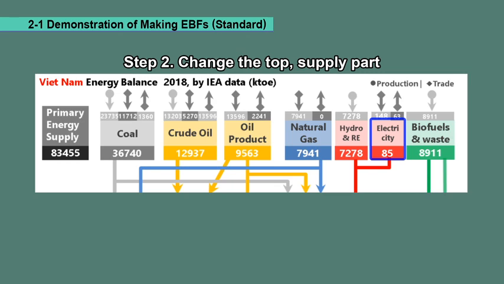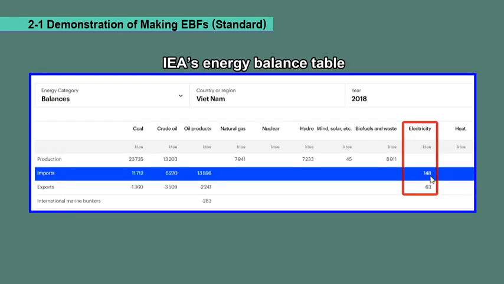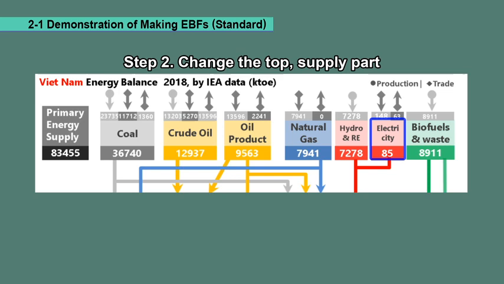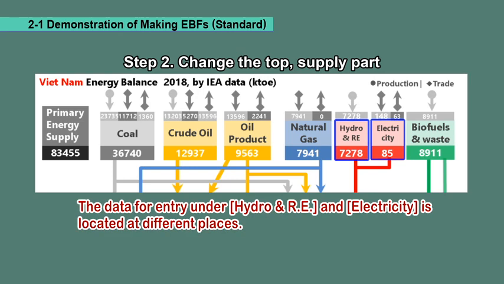The value is 85, which is imports of electricity, 148, subtracted by exports, 63. There is more import than export, so enter 85, the difference. For these two red parts, hydro and RE, and electricity trade, it's important to remember that you will need to refer to different places to get the values.